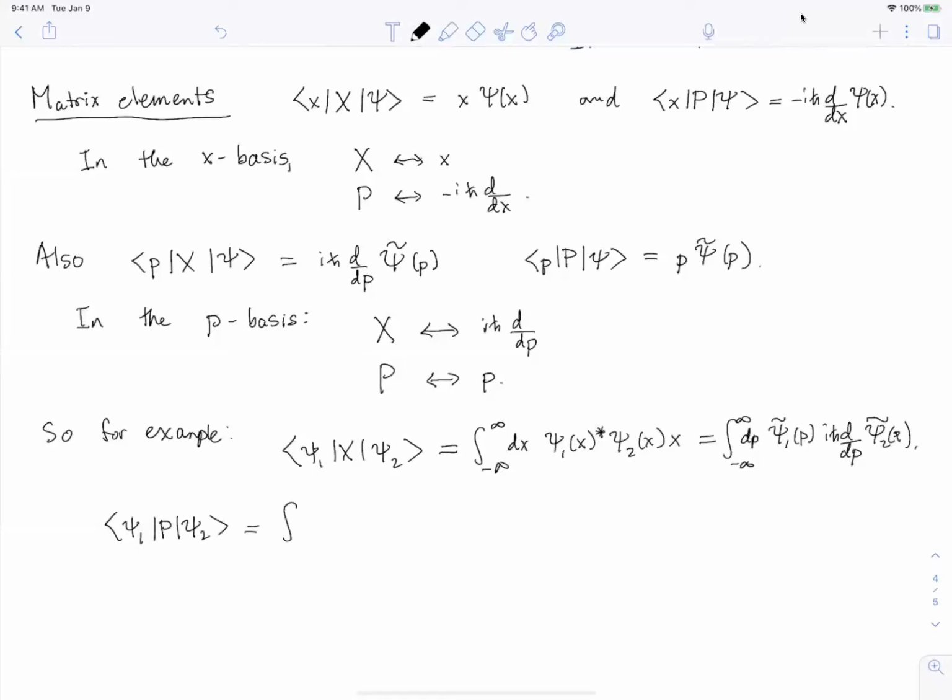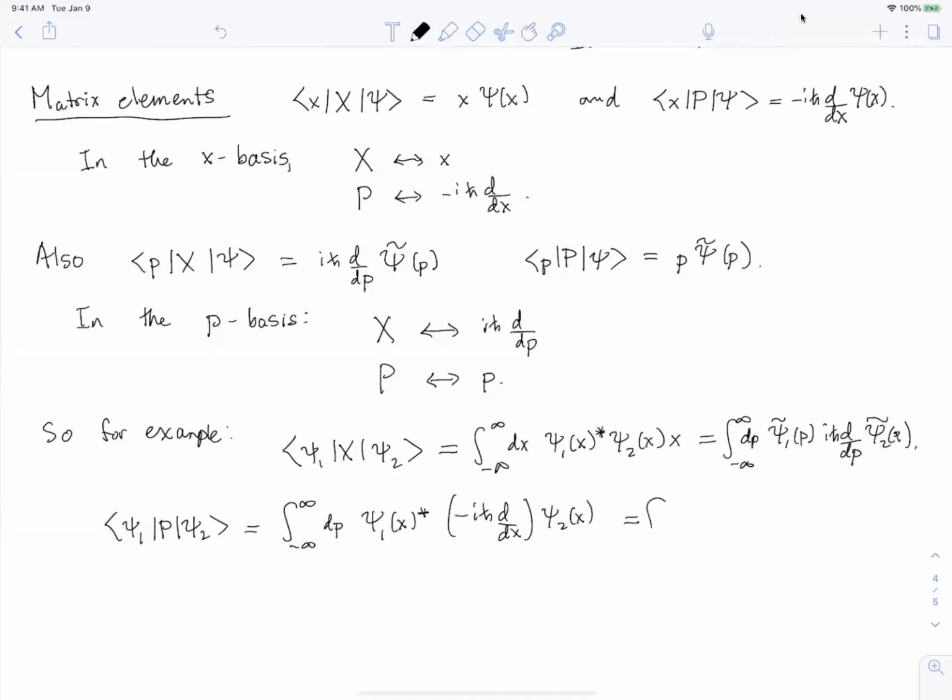This is, if I use completeness in x, I get an integral over x, and it works out to psi1 of x star, minus i h bar d by dx, psi2 of x.